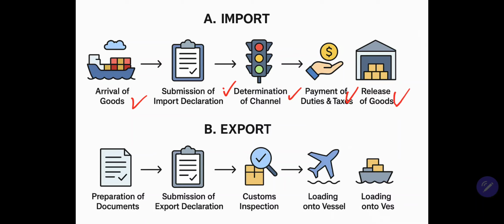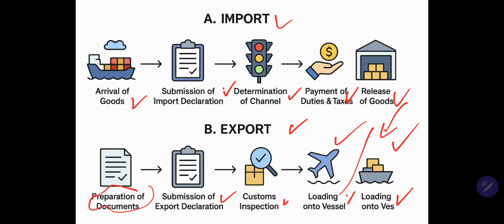This is the custom clearance process for import. For export, it starts with preparation of documentation, submission of export declaration, custom inspection, and loading onto vessel, through air freight or sea freight. You can see this image, okay?